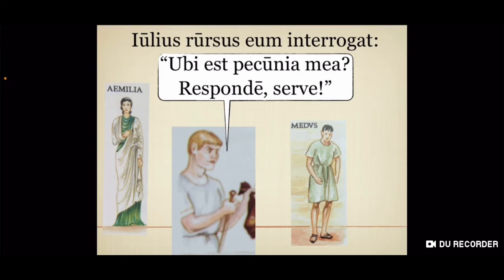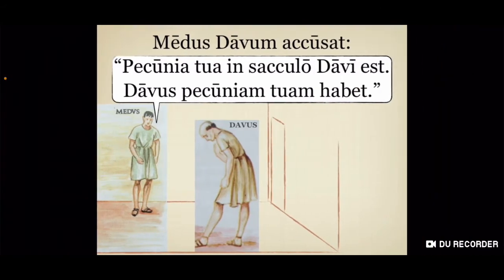Where is my money? Medus Davum accusat. Medus accuses Davus. Pecunia tua in sacculo Davi est. Davus pecuniam tuam habet. The money, your money, is in the sack of Davus.